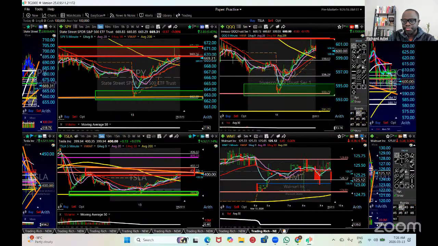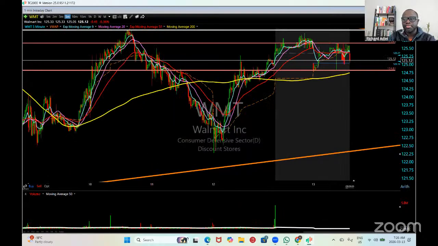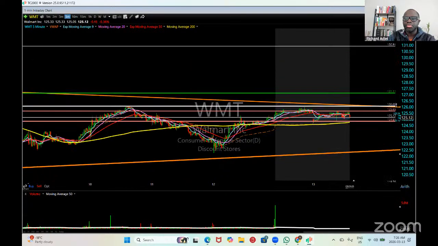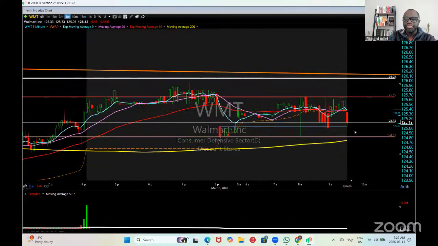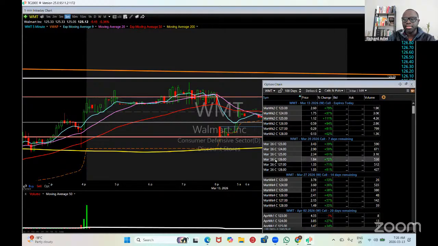So this is a chart for Walmart. If Walmart can clear this trend line here, it's going to squeeze to the upside. We are going to go into 127-ish and higher, right? So at the open, if we can get a pullback into this pre-market low and buyers step in, we are going to look to get the call options. With Walmart, just buy at the money or in the money, 125 calls expiring next week, and we're going to hold it and ride it to the upside.